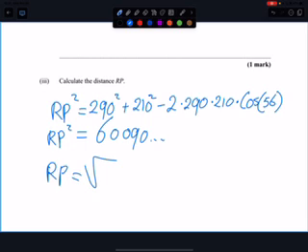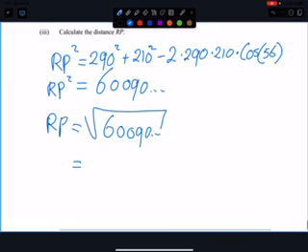So how do you get to RP? Correct. You take the square root of that answer. And your answer becomes 200 something, 245.13.